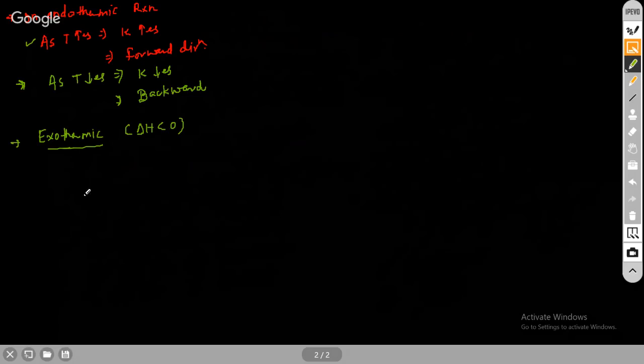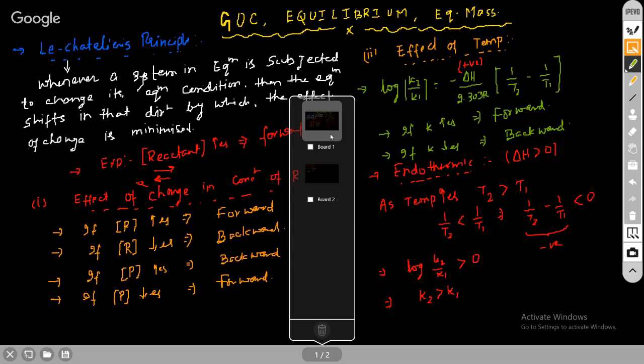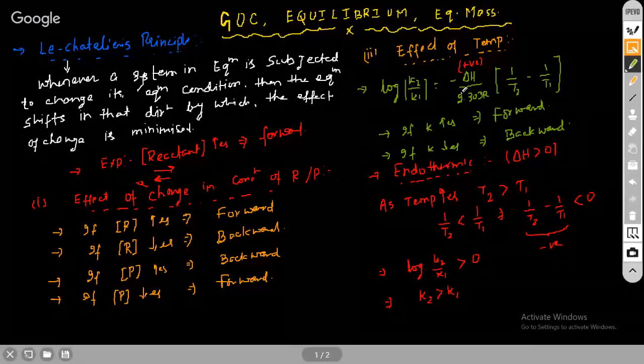So now you see when del H is less than 0, in the first page that we have done, here you see del H less than 0 now. So this is negative and this is already negative. So negative, negative, positive, right? So if 1 by T2 minus 1 by T1 is negative, log K2 by K1 is negative. If it is positive, log K2 by K1 is positive. Correct? That is what we are going to do next.